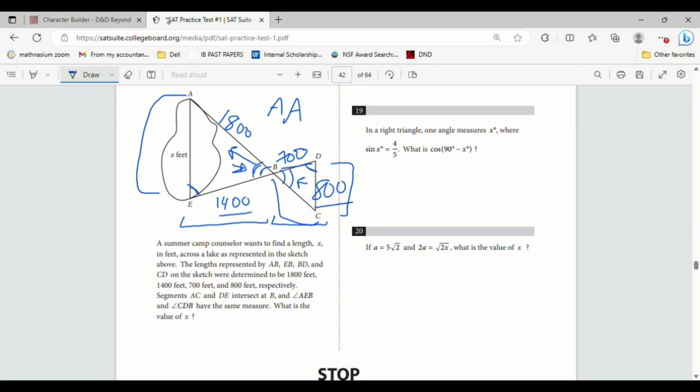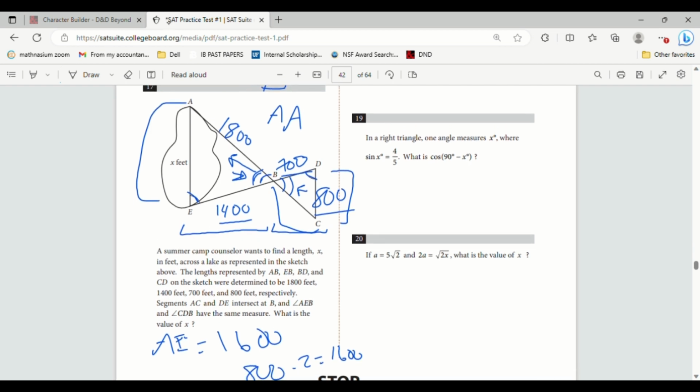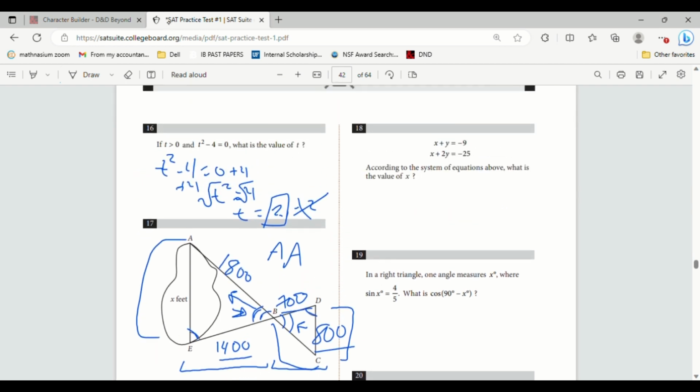And since DC is 800, we know that all the side lengths on this bigger triangle are just side lengths on the small triangle times 2. We know that AE equals 1,600, or 800 times 2. So x equals 1,600. And now we have number 18.